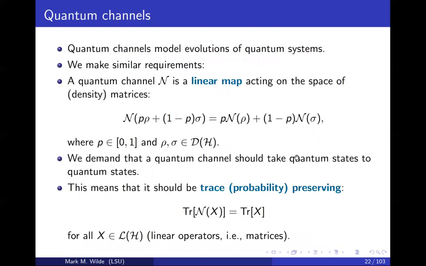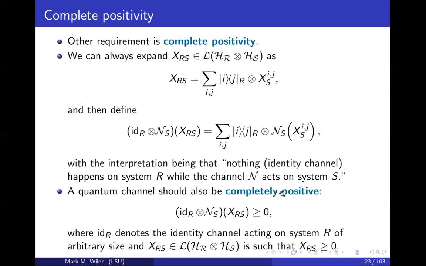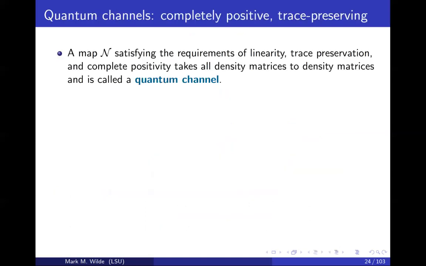A quantum channel takes states to states. And so every density operator is a positive semi-definite matrix. So the output of the channel should also be a positive semi-definite matrix. And then if it's also trace preserving, then if the input operator has trace 1, the output operator will have trace 1 also. So the output will be a legitimate quantum state.